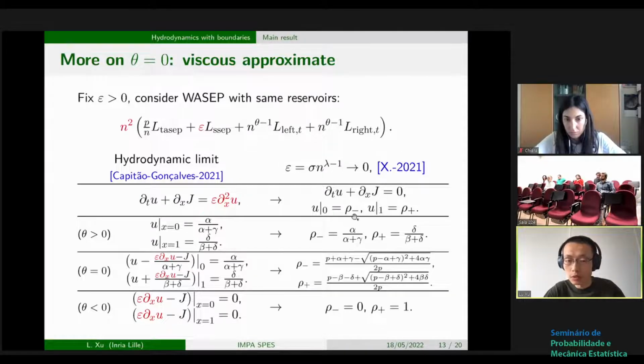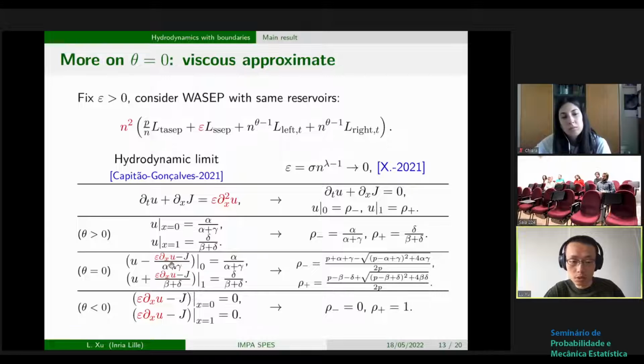The value of these boundary conditions is given in this way. Basically, the first case is natural, the value is the same. The last one gives me 0 and 1. So you can see that this is the first case I proved in the hydrodynamic limit. This is a slow case, and this is a normal case.